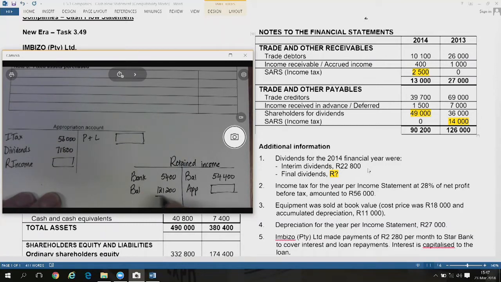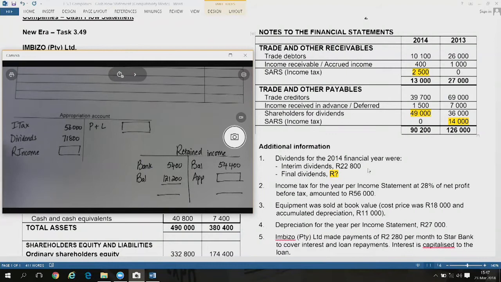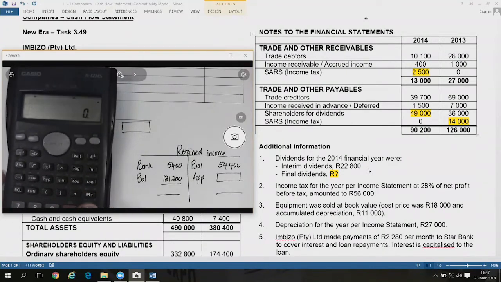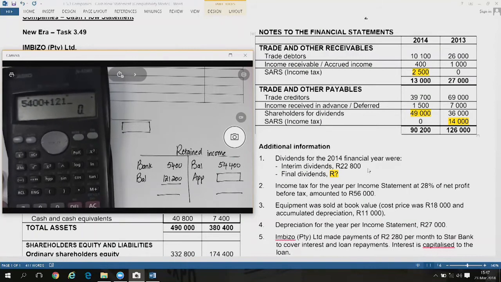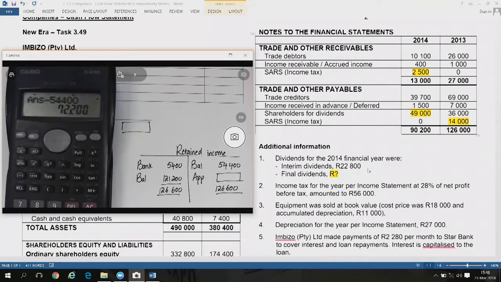I know it's a long story now, but sometimes you just use these two accounts to calculate whatever you must calculate. Okay, I'm going to start on the debit side. 5,400 plus 121,200, that is the end balance, gives me 126,600.